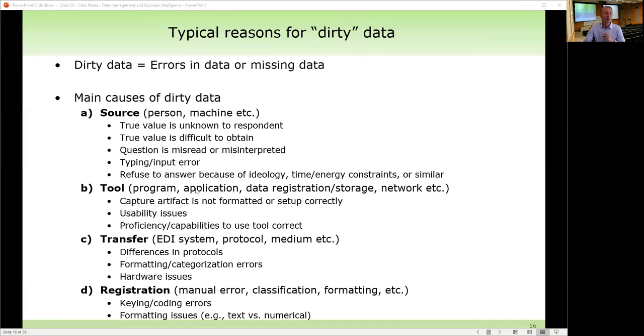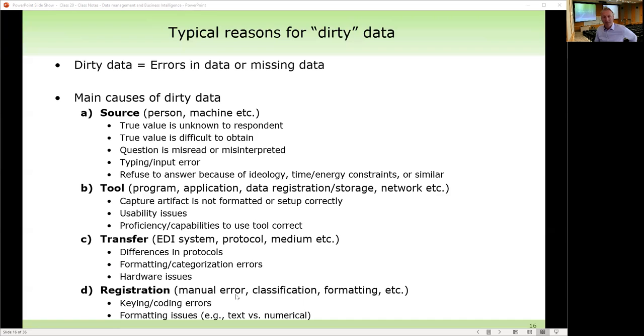Could also, as the fourth area, be due to registration error. That is basically keying or coding errors when it's inputted, or formatting errors when you transfer data from one system to the second. In many situations, when I do business analytics for different companies, we've seen formatting issues arise when you copy something from an Excel sheet into a more advanced data mining or statistical software to do the data analysis, where the data might be numbers in Excel, but it's imported as text into another software that won't recognize it.